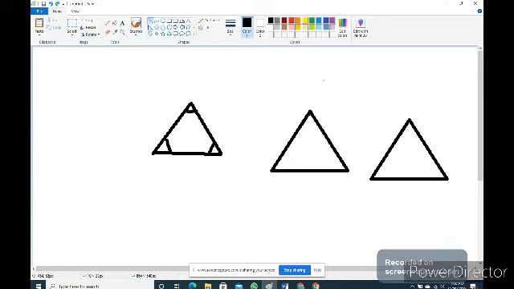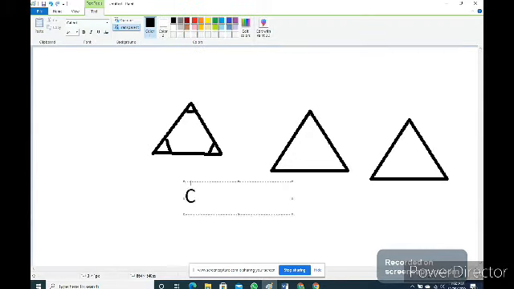Now with this we can find that when these triangles are congruent, the other sides are also going to be equal because of CPCT. CPCT means corresponding parts of congruent triangles.